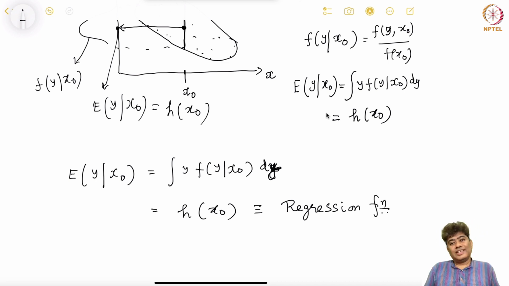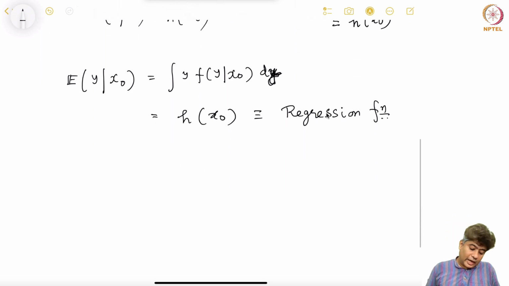This does not necessarily have to be a regression line. This is typically called the regression function, and our objective is to estimate this regression function, the regression line.